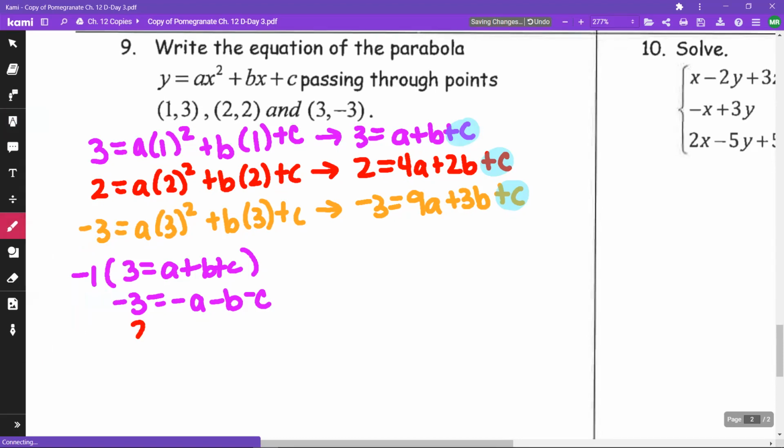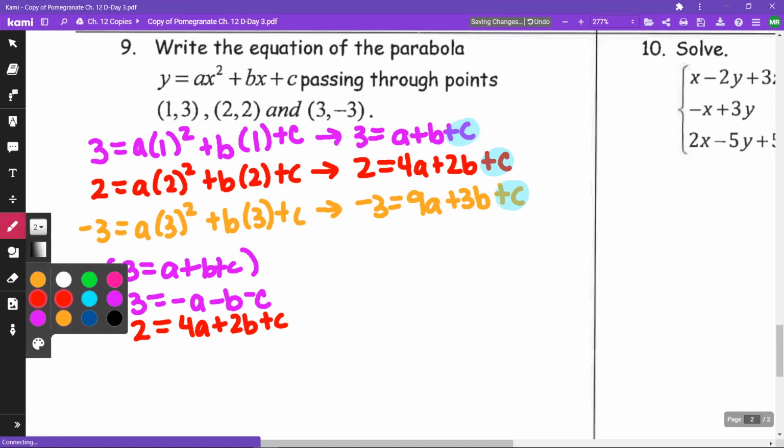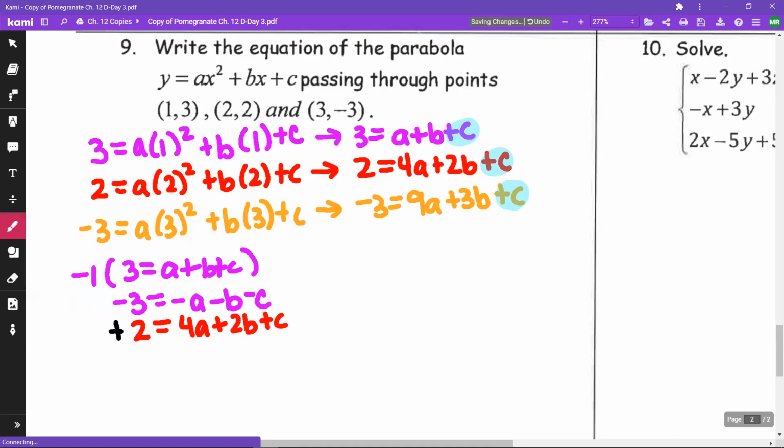So let me take my red equation. I get 2 equals 4a plus 2b plus c. I add these together. I get negative 1 equals 3a plus b. I'm going to call this equation 4 as a reference.